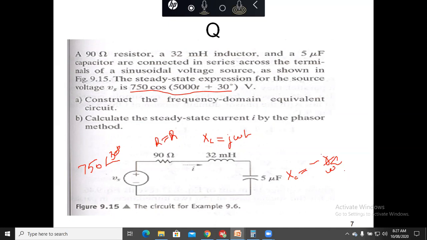What will be the value of omega? Omega value is 5000, and we have the value of L as 32 into 10 raised to power minus 3 Henry. In case of XC, we substitute omega equal to 5000, and the value of C is 5 into 10 raised to power minus 6, because it is microfarad.